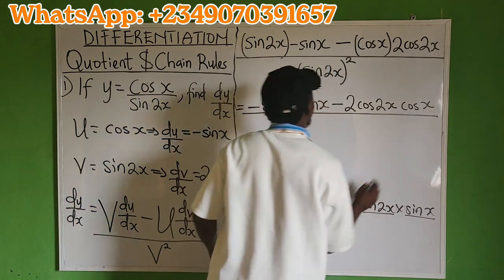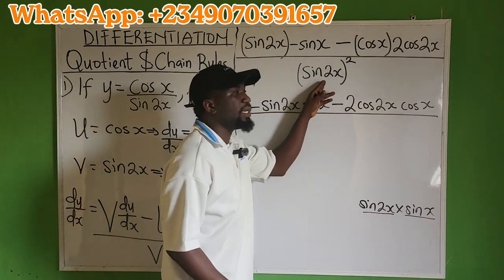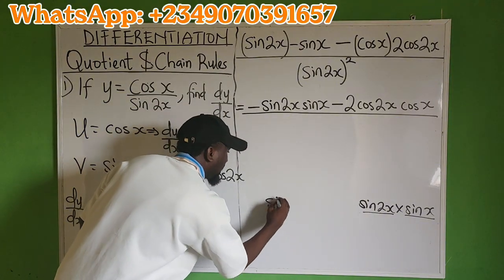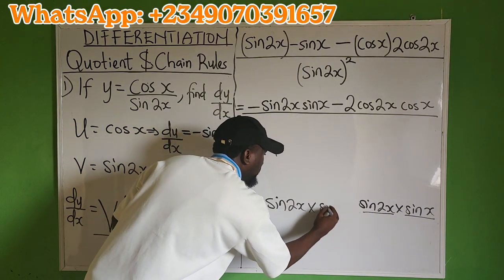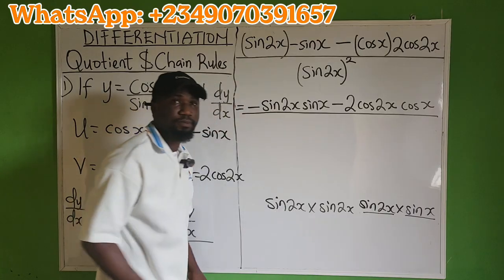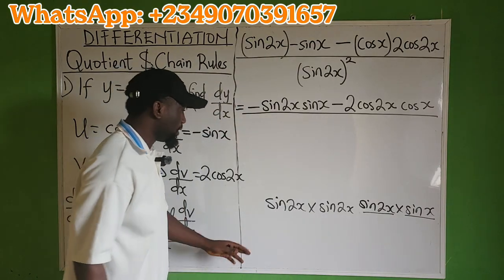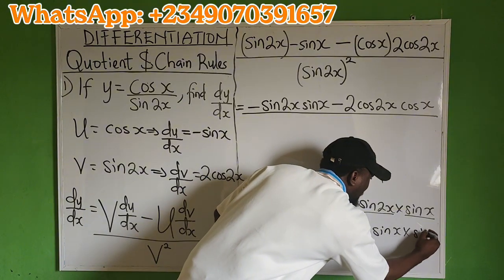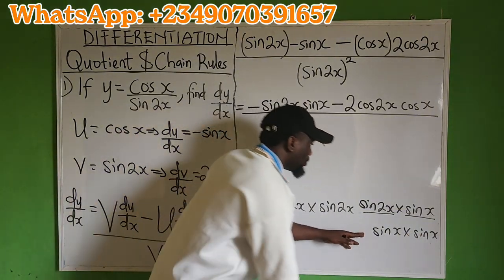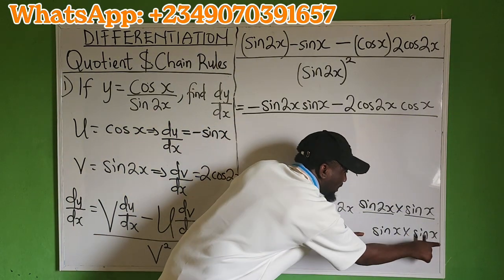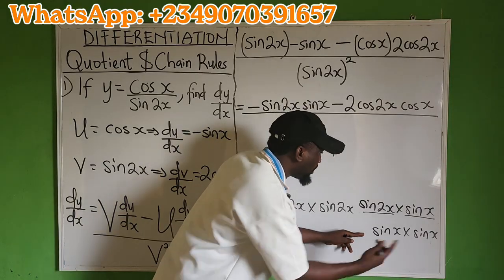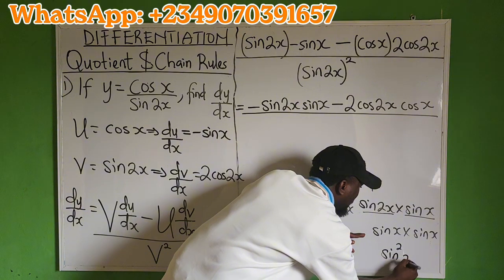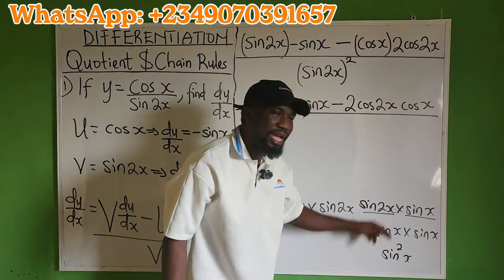Divided by. In this case, now we have sine 2x squared. What does that mean? That means that sine 2x multiplied by sine 2x. Whenever you have sine x multiplied by sine x, they are more or less like the same function, right? So this will give us sine squared x, and not sine x squared.